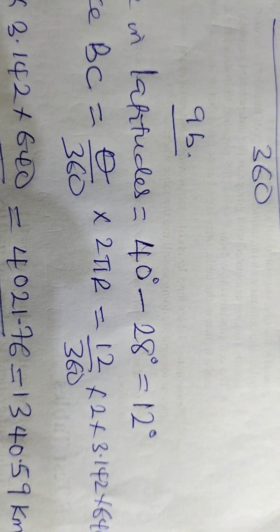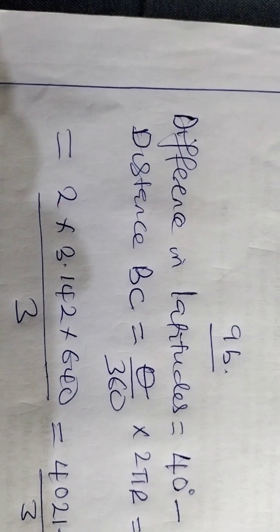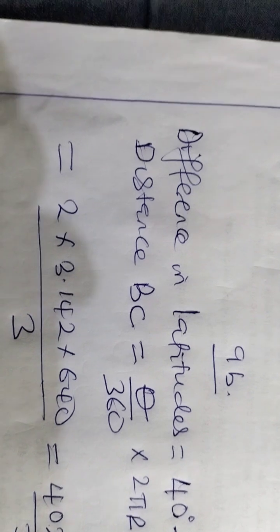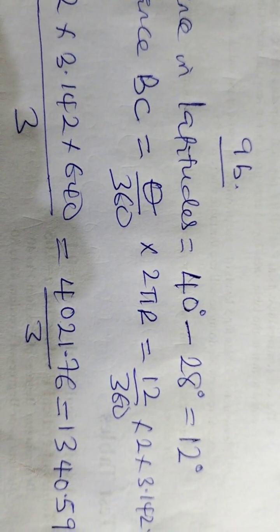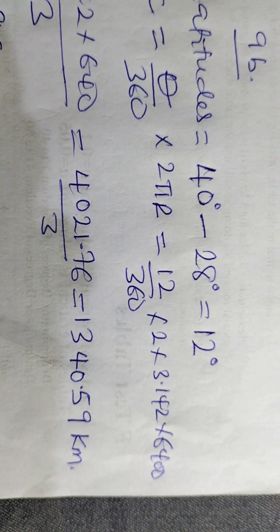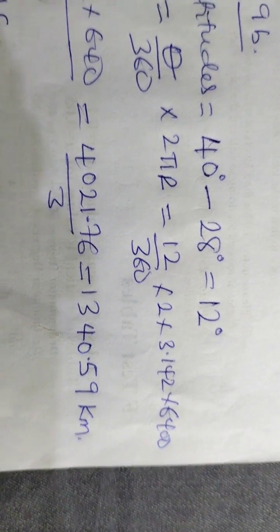We have 40 minus 28, that gives us 12 degrees. Then the distance between B and C along the line of longitude, again by theta over 360 times 2 pi r.